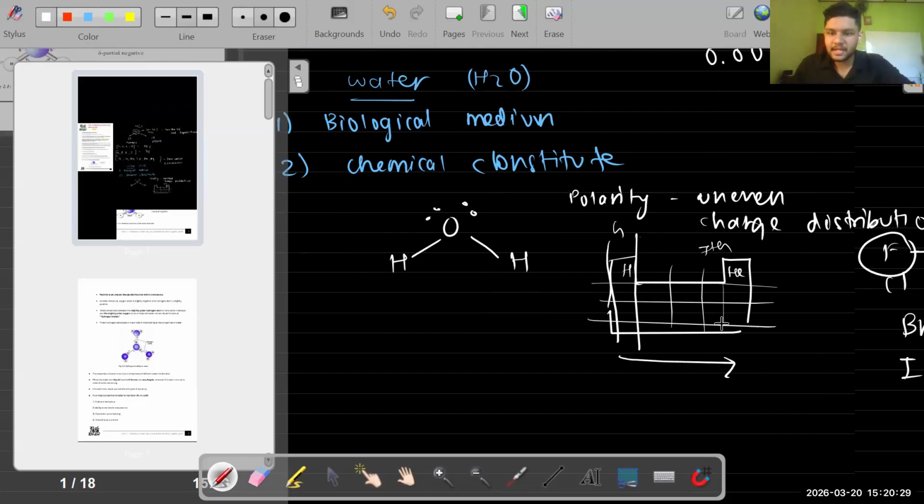Along the period, normally electronegativity increases. Can you understand that? So highest electronegativity can be seen in these elements. Lowest can be seen in these first group elements. Is it clear?